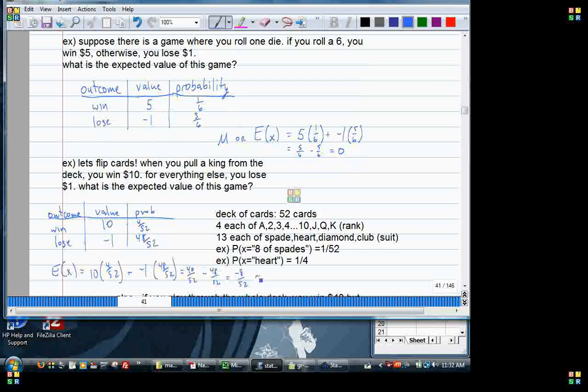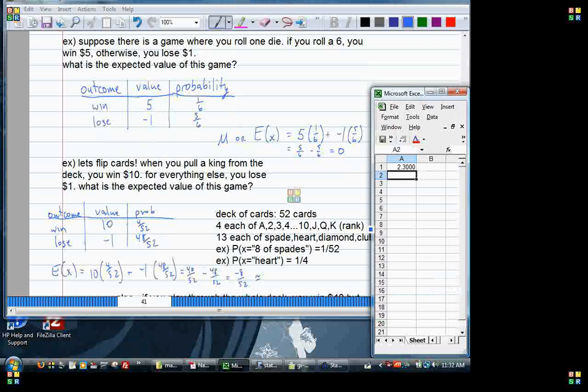And let's calculate what is -8 over 52. There we go. -0.1538. So what does that mean? No, it means you lose. What do you lose? Yes, thank you. You lose 15 cents on average. Because what is this a measure of? We said when we win $10, when we lose $1.